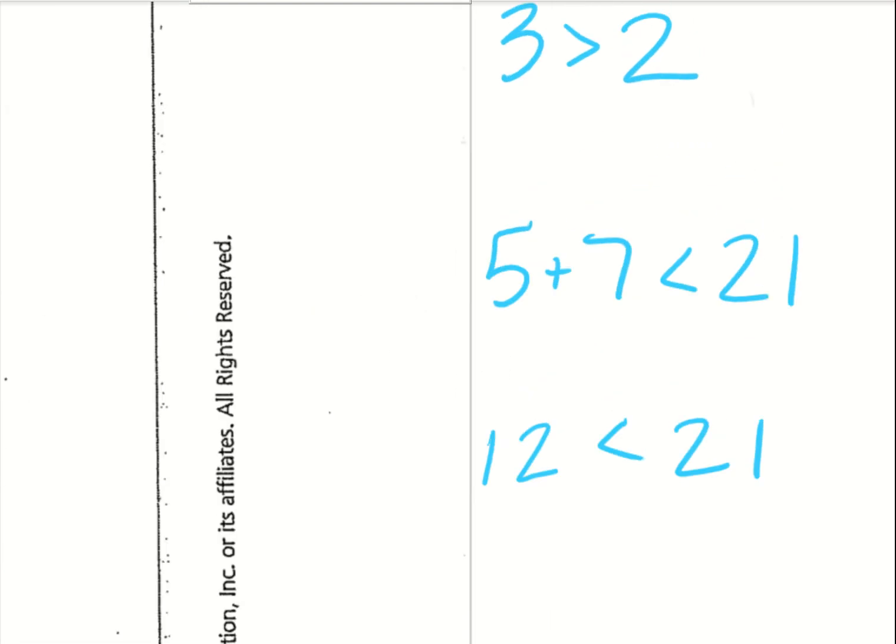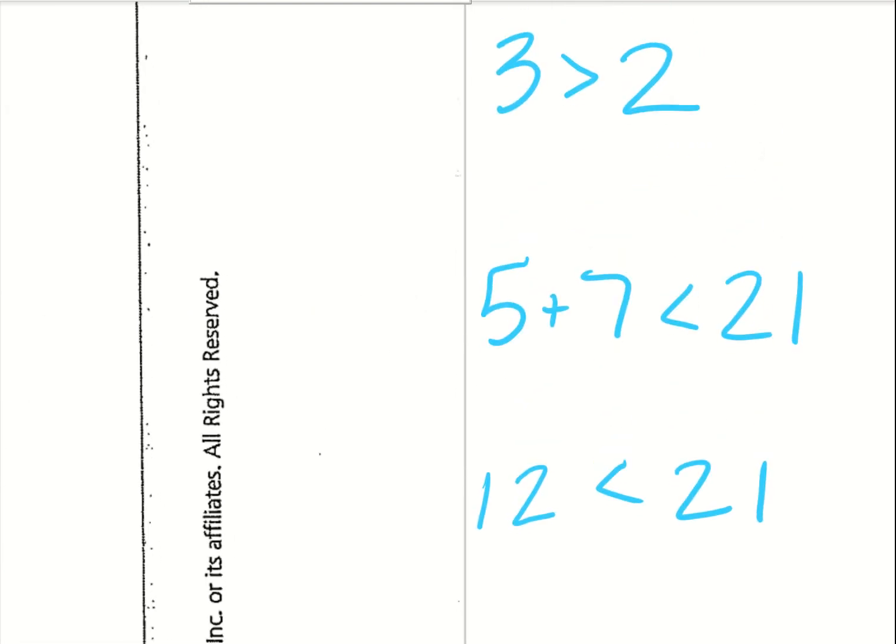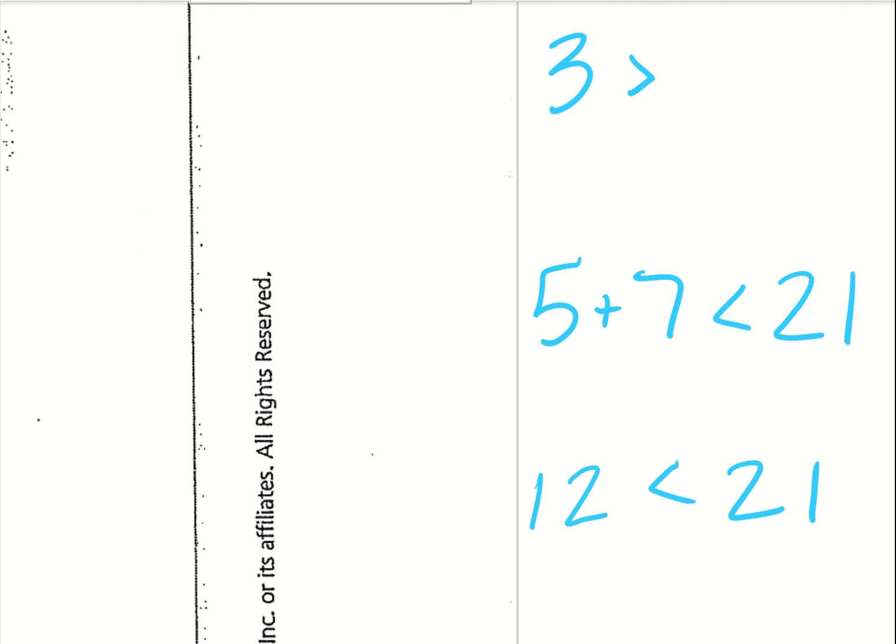Just a quick note. When you're working with inequalities, greater than and less than, it can be easy to forget which one is which. The way I like to remember is the greater side will have 2 points, and the lesser side only has 1 point. 2 is greater than 1. So it's really simple, and you read left to right.